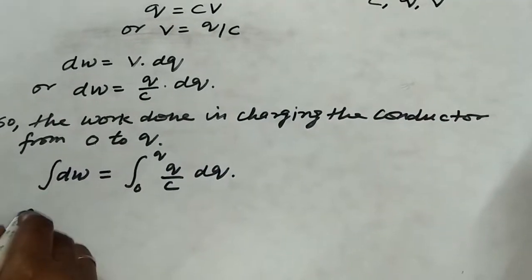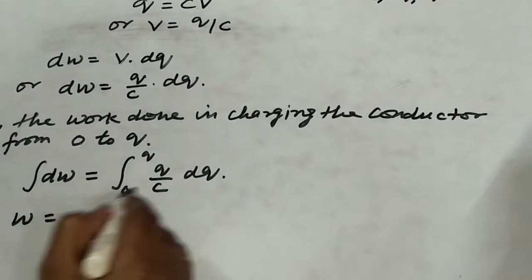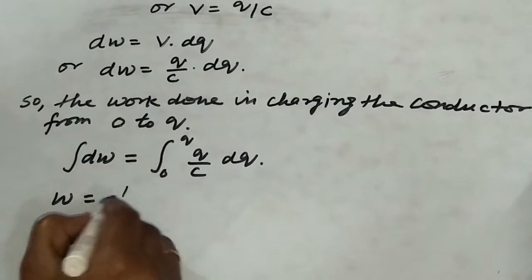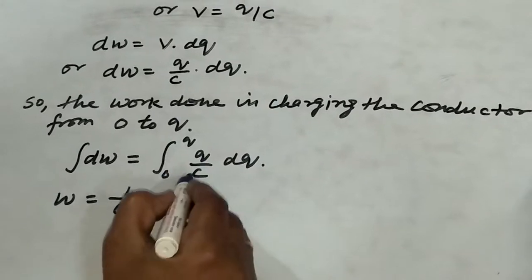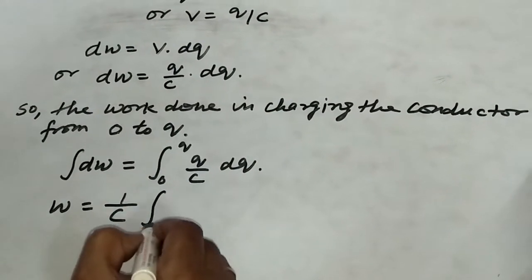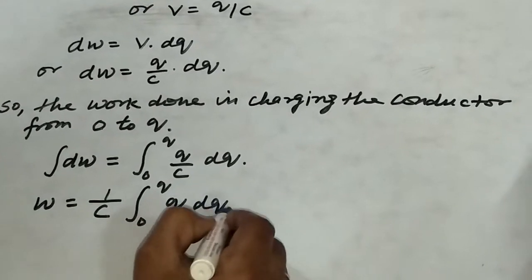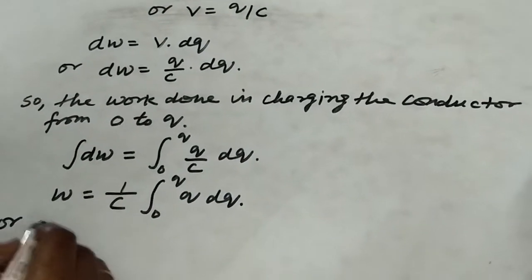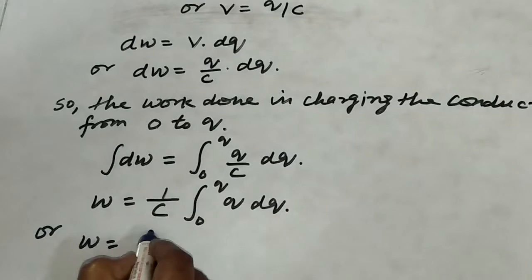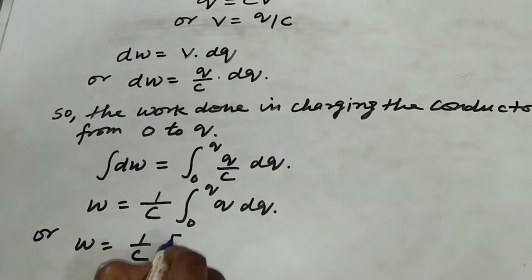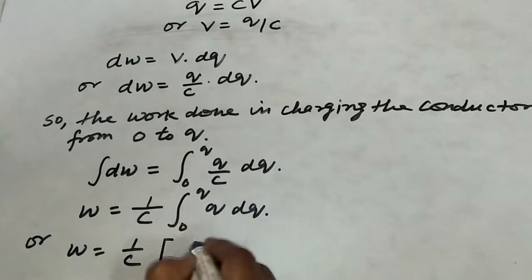Since the capacitance of the conductor is constant, take 1 upon C outside, and here you will get the integral from 0 to Q of Q dq. Or W is equal to 1 upon C integration of Q dq.